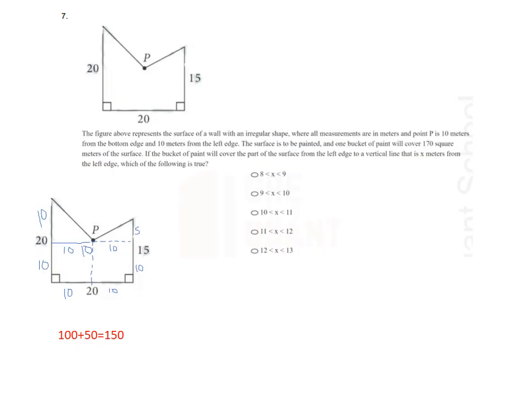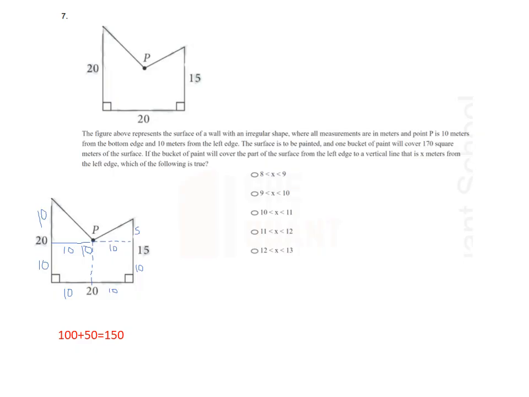Now we need to paint up to 170. Notice that in the lower base, in the exact point where we have written 20, it is actually 10 vertical lines away, right?